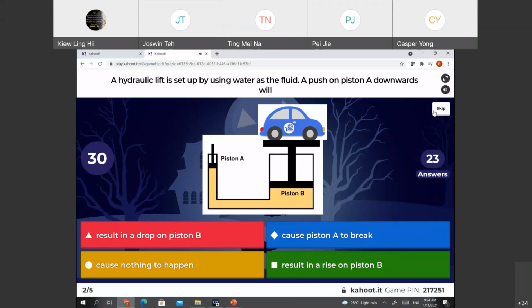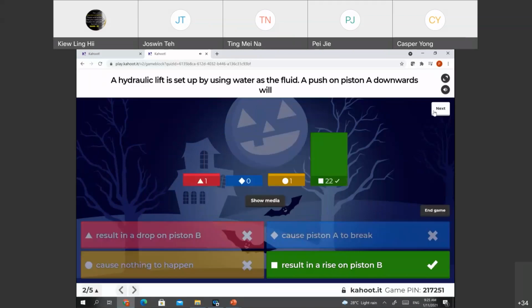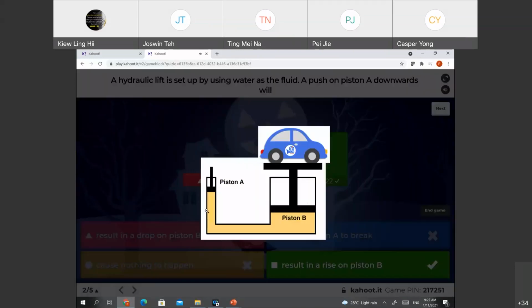Yes, fully sealed. This time the engineer fixed the problem, so there is no leak in the piston and no bubble inside the water.